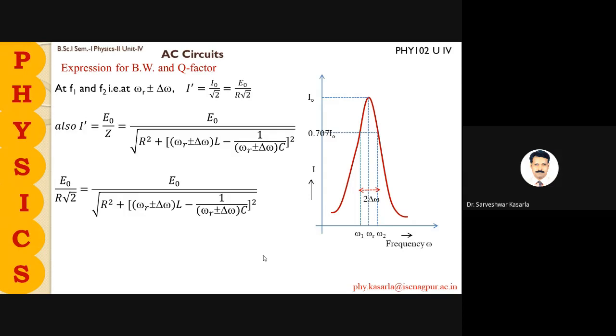So what is I dash? I dash is equal to E0 upon R root 2. So that is equal to E0 upon the square root of R squared plus (omega R plus or minus delta omega) L minus 1 upon (omega R plus or minus delta omega) C, whole squared.